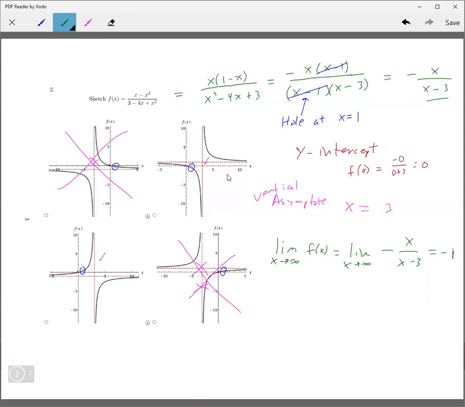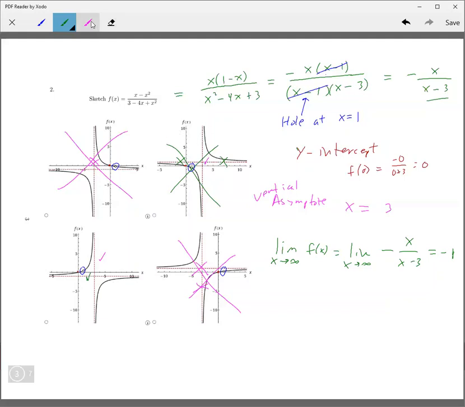And so that's going to be this one here. This has a horizontal asymptote at -1, and this has a horizontal asymptote at +1. So that's out. That one can't be it. Has to be this graph.